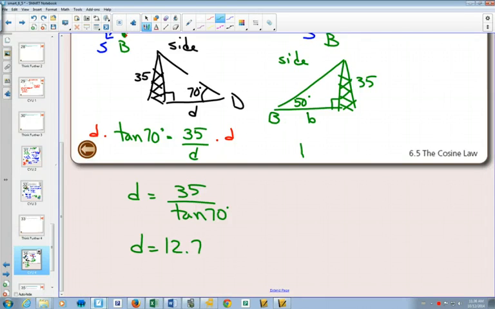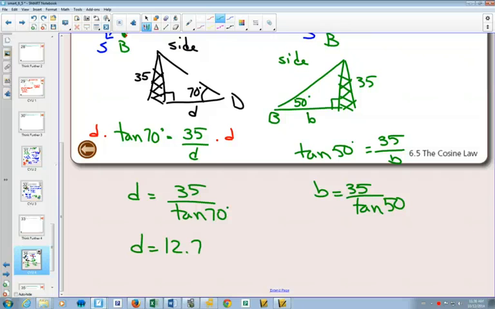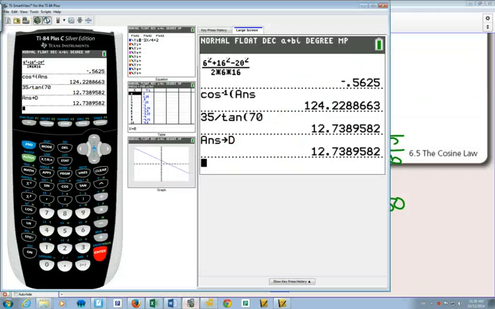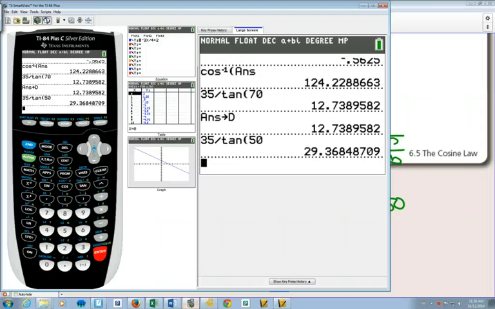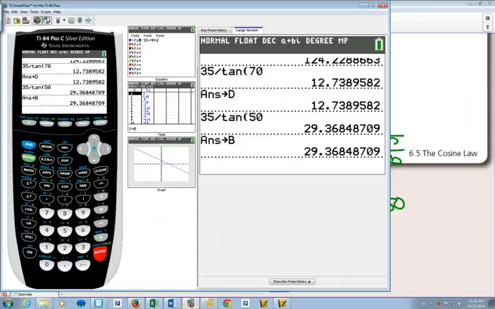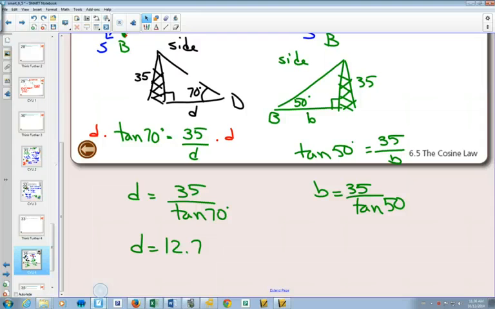On my other triangle, my green triangle, I have tan 50 is 35 over b. So b will be 35 over tan 50. I'll go to my calculator. 35 divided by tan 50. Store that one as b. So now I've got both of my values stored. That'll be helpful for later.